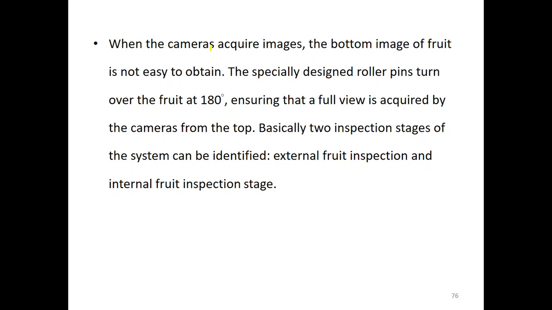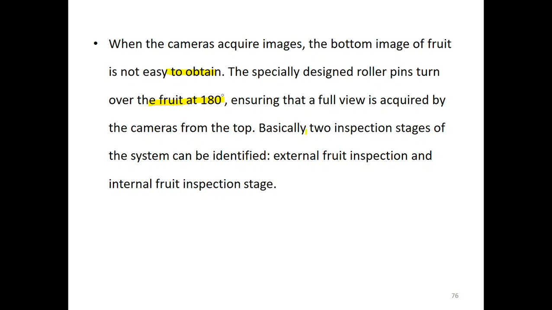When the camera acquires the image, the bottom image of the fruit is not easy to obtain. So the bottom image, the lower side one, right? The specially designed roller pin turns over the fruit at 180 degrees to ensure the full view is acquired by the camera from the top.